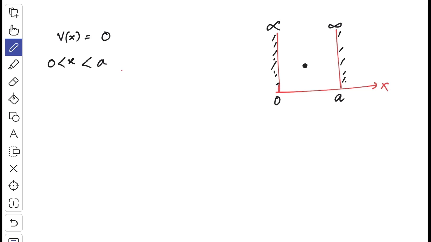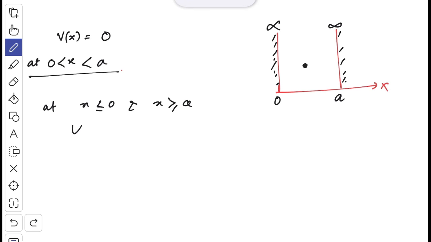Also at x less than or equal to 0 and x greater than or equal to a, the wave function associated with the particle, psi of x, is going to be equal to 0, because the probability of getting the particle outside the box is 0, as we have considered that its depth is infinite. It is an infinite square well potential.